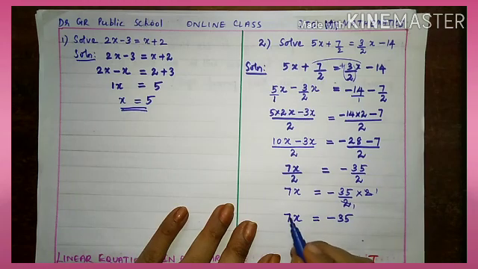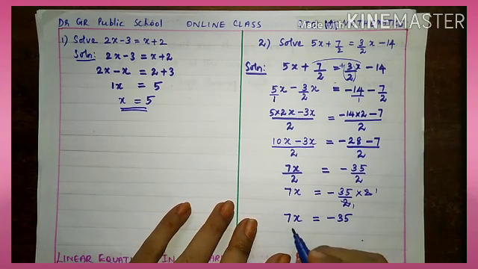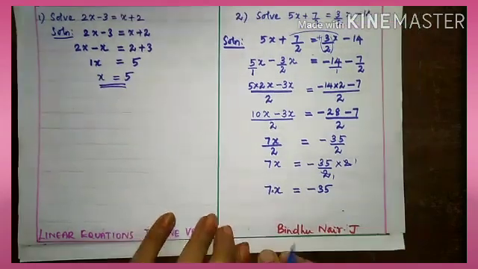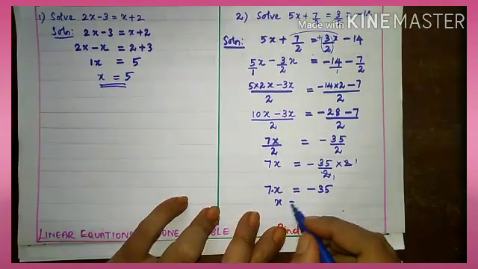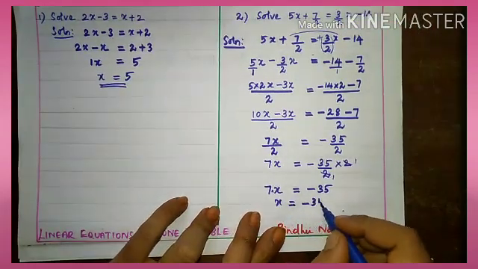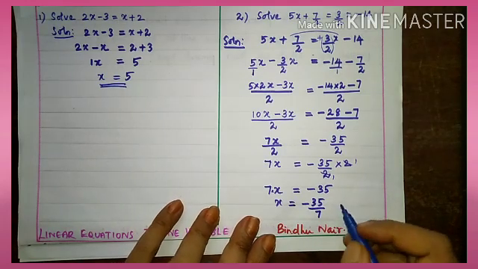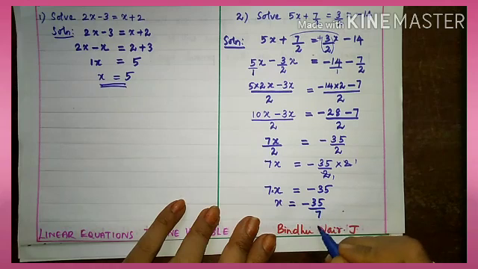Now you see 7 is there with x, so we want to transpose the 7 now because we want the value of x. So you see 7 into x, no? So 7 into x when transposed becomes division. Thus we are getting x equal to minus 35 divided by 7. Now you see 35 by 7.